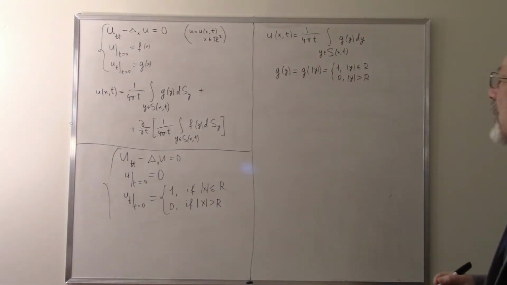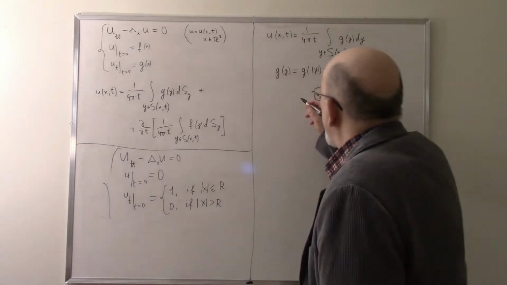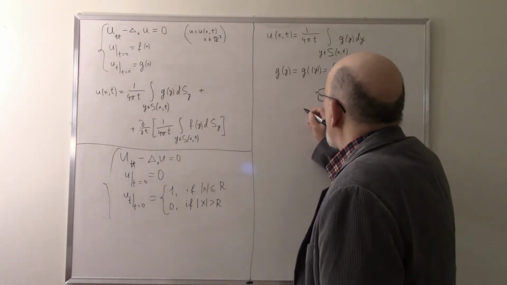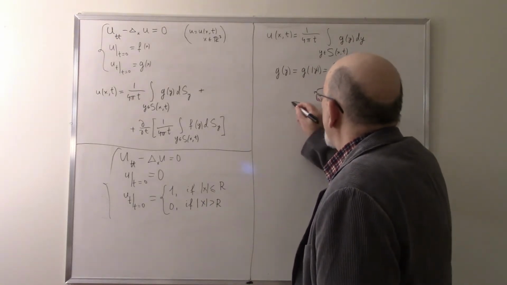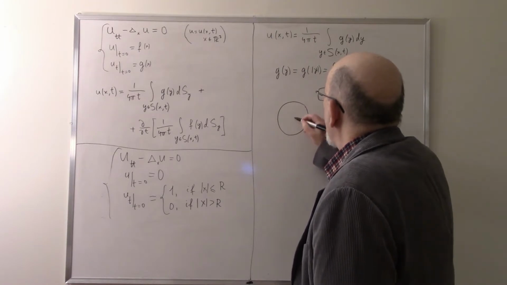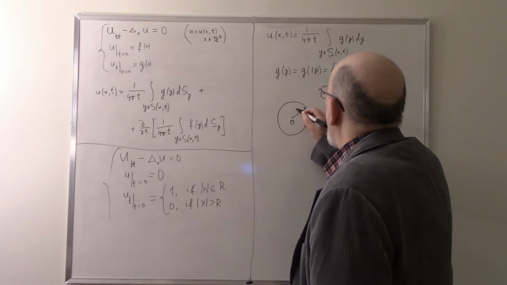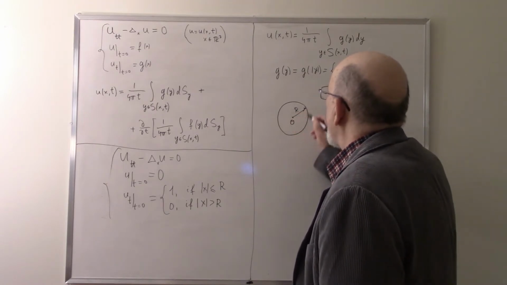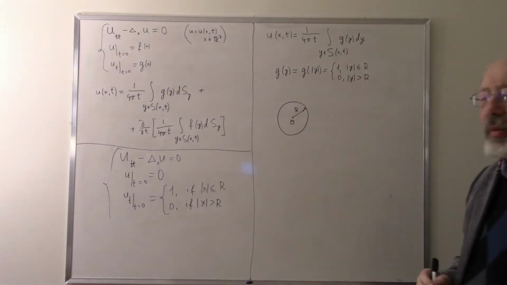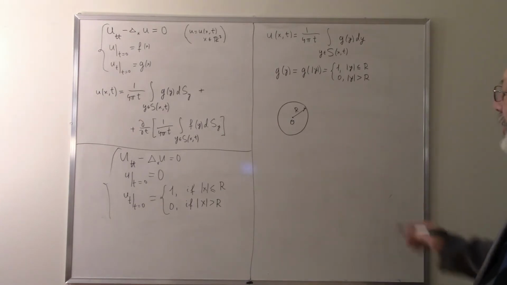And here we can see different cases. On one hand we have this ball with center at the point O of radius r. Here this function g equals 1, outside is 0.